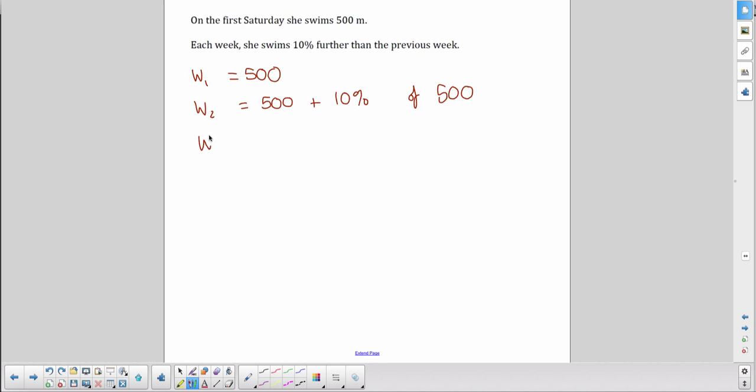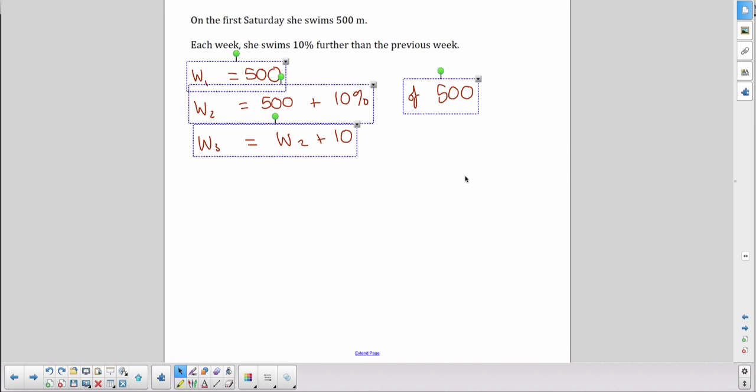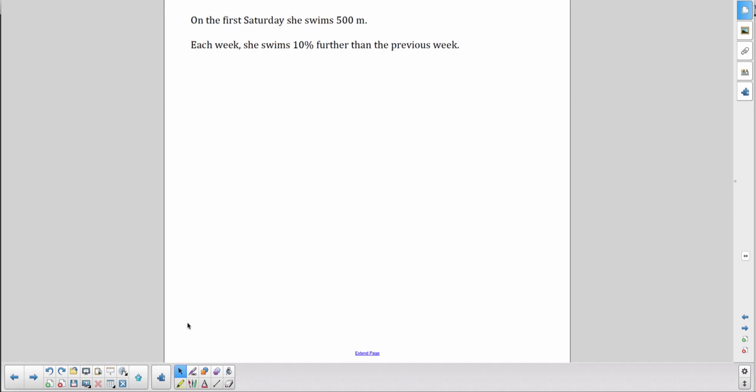And on week 3, she does whatever she does in week 2 plus 10% of whatever she does in week 2. So basically week 3 depends on week 2 and week 2 depends on week 1. So we see a sequence of numbers being generated. So on week 2, week 1 is 500 meters.